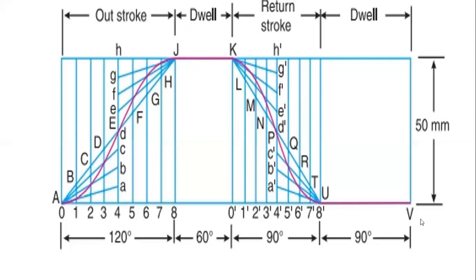So divide the return stroke angle of 90 degrees, that is 9 centimeters, into 8 equal parts. As we have taken the number of equal parts in the outstroke position, take the similar one for the return stroke also.